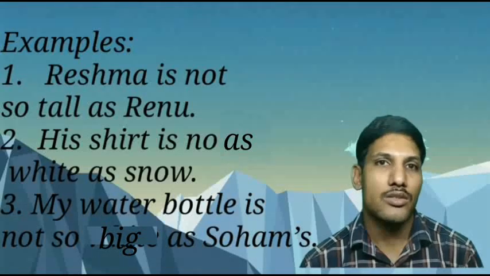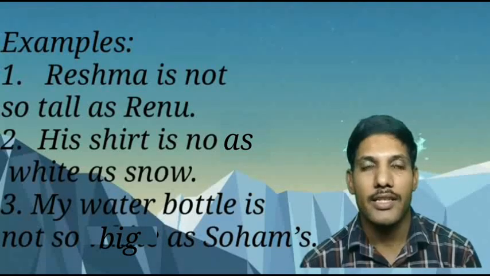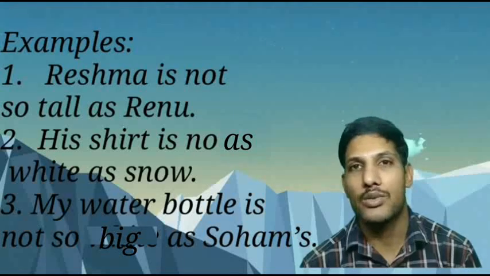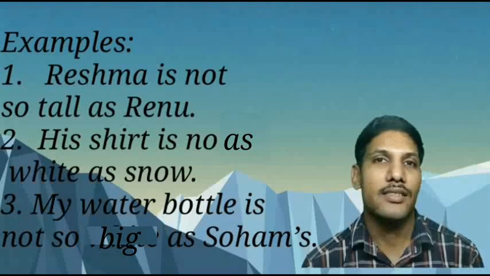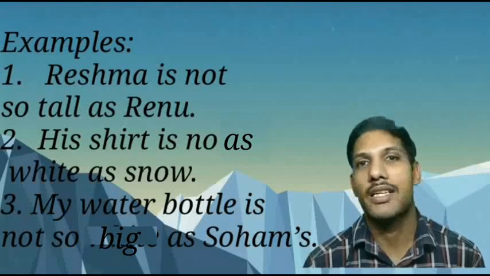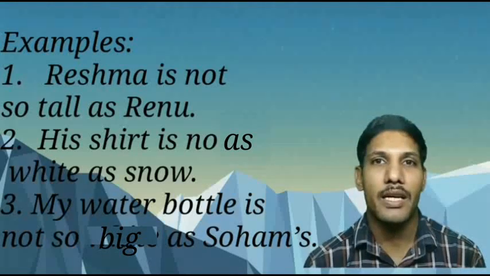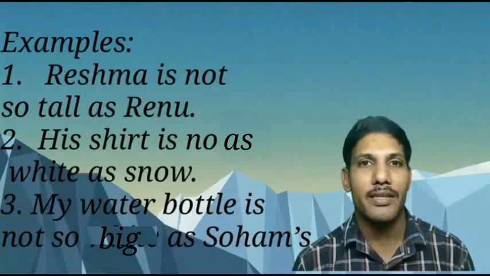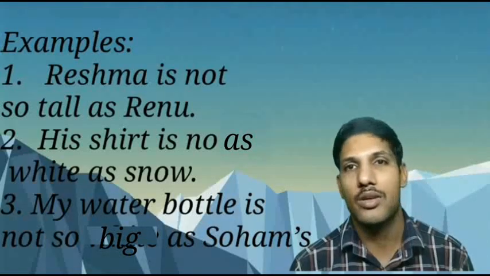Reshma is not so tall as Renu. Here, Reshma and Renu are compared with regard to their height. But the idea given is that Renu has greater height. That is, Reshma is shorter. The next example is his shirt is not as white as snow.